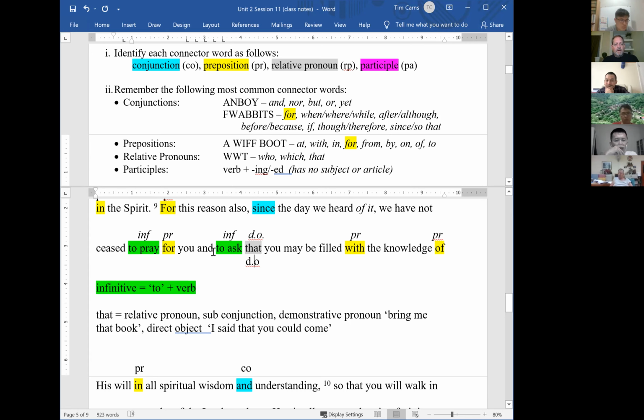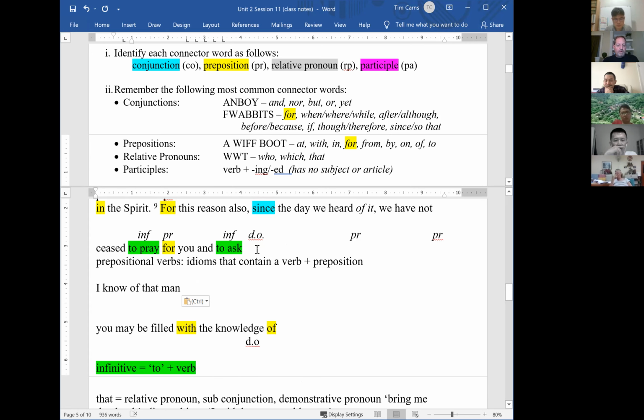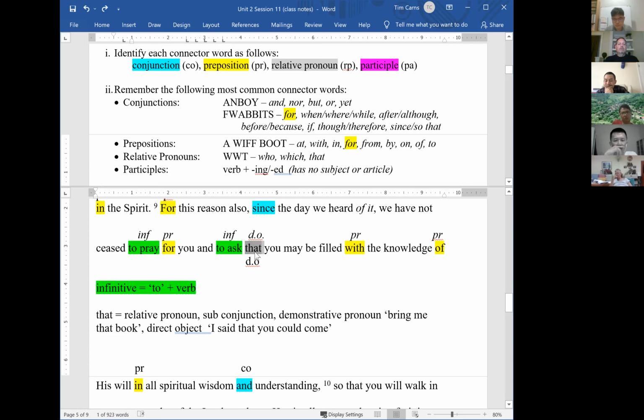It is following this infinitive, to ask. Now, sometimes what I'll do is take the word out and just see, what if the word wasn't there? Would this make sense? To ask you may be filled. It makes more sense when you put the word that back in here.